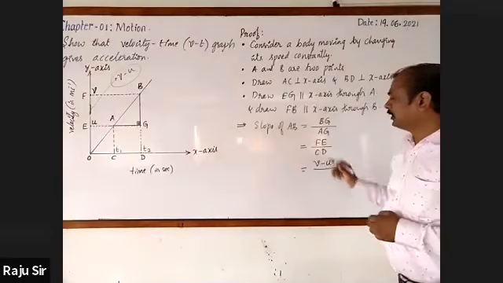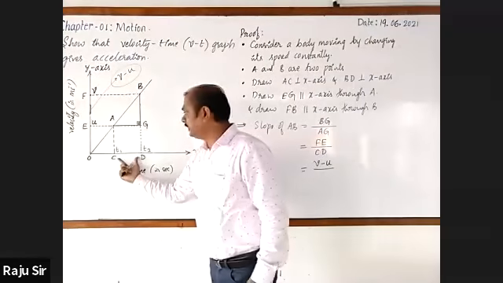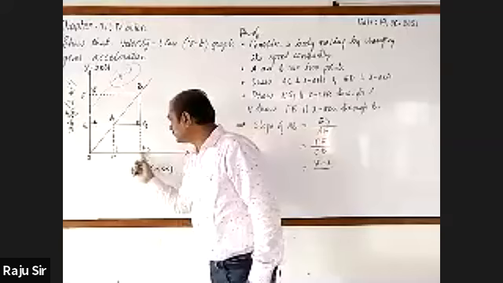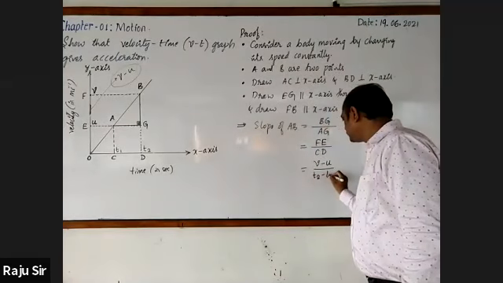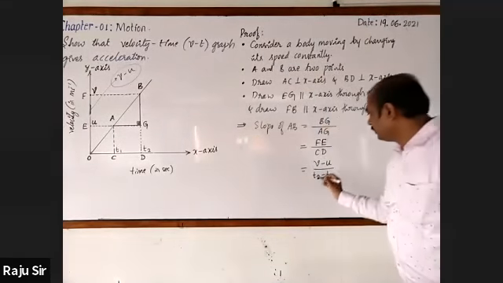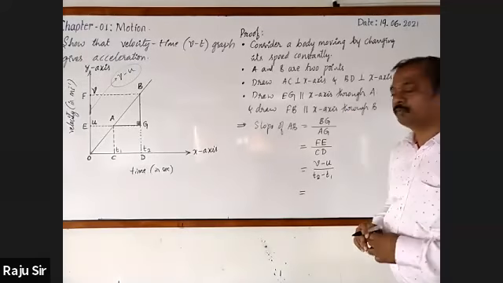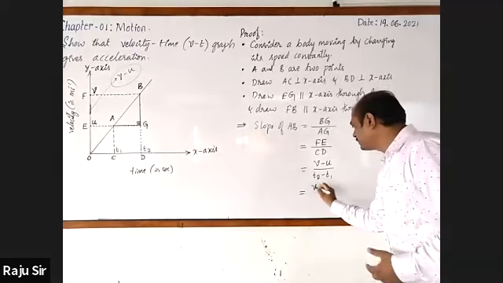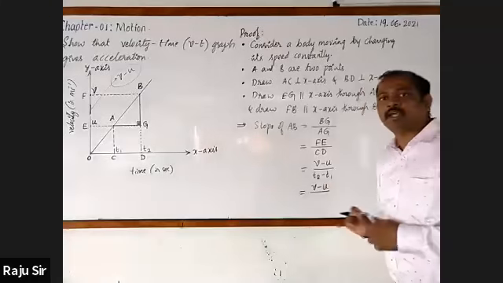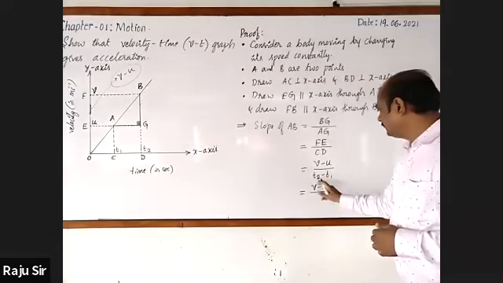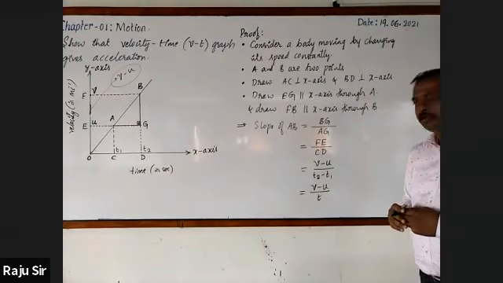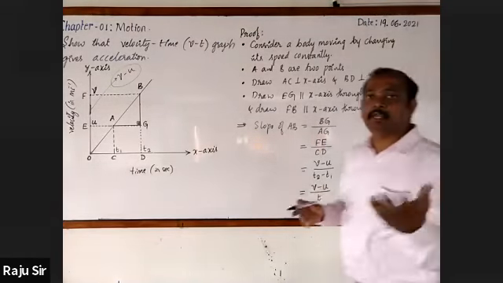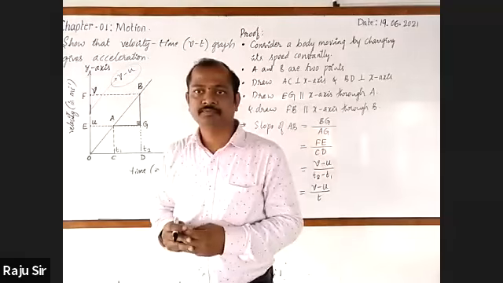By CD, which is T2 minus T1. From C to D, it is T2 minus T1. V minus U is the change in velocity, and T2 minus T1 is time, T. Change in velocity by time is nothing but acceleration.